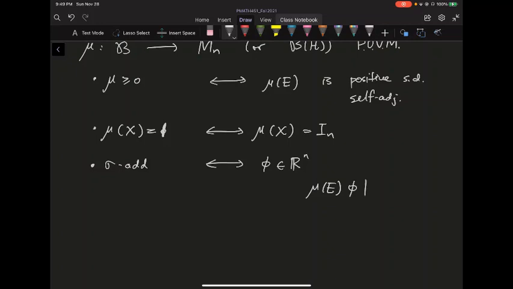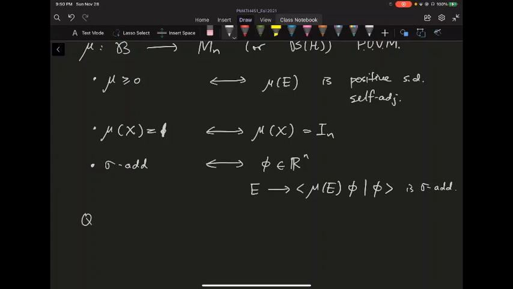You evaluate the matrix on this phi and take the inner product, so you measure these quantum states with respect to phi. Now you have a map E from your sigma algebra to this value, and you want this to be sigma additive. That is what I mean by sigma additivity. If you satisfy all of these conditions, then you call it a positive operator valued measure.